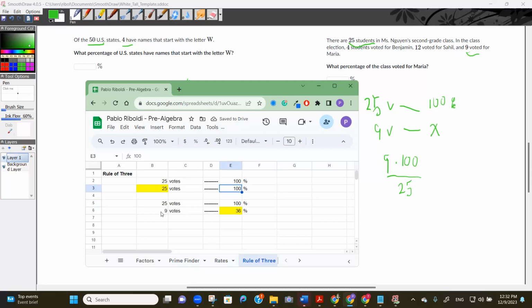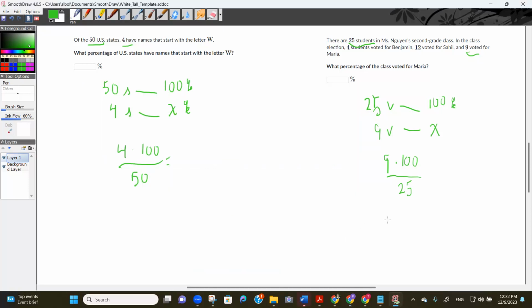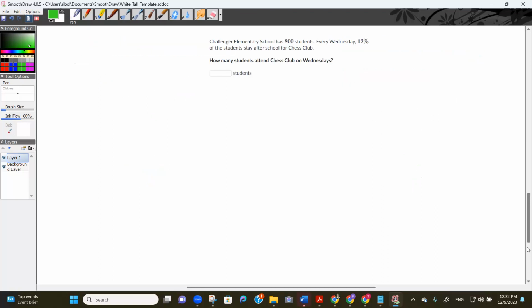So 25 votes represent 100%, and 9 votes is 36%. So I hope that this helps you see the different types of problems that you can have using percentages, and the different setups that you can do. But you have to think how to set up the rule of 3 for each one.